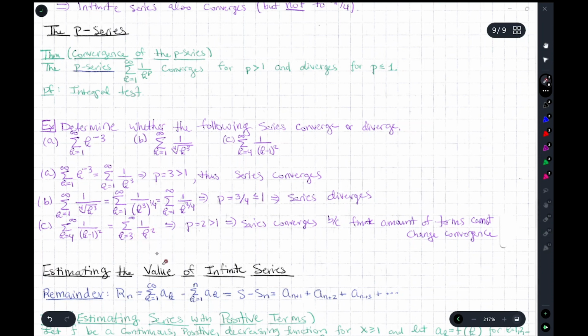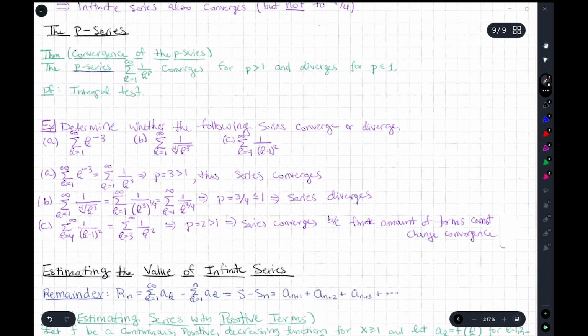Again, we could have done this by using a different dummy variable like j equal to k minus 1, and then sum from j equals 3 to infinity, but those are just dummy variables. So it's all right that we called it k again. But we're starting at 3, and here 1 over k squared means p is equal to 2, which is strictly greater than 1.